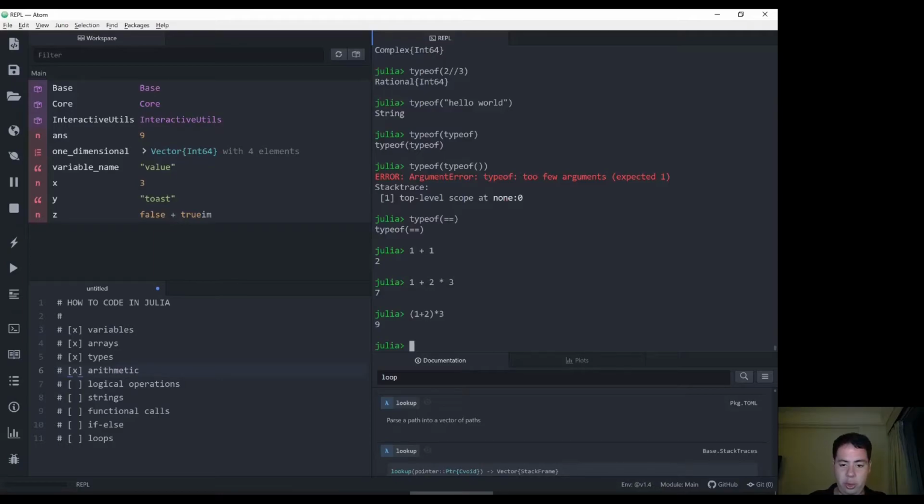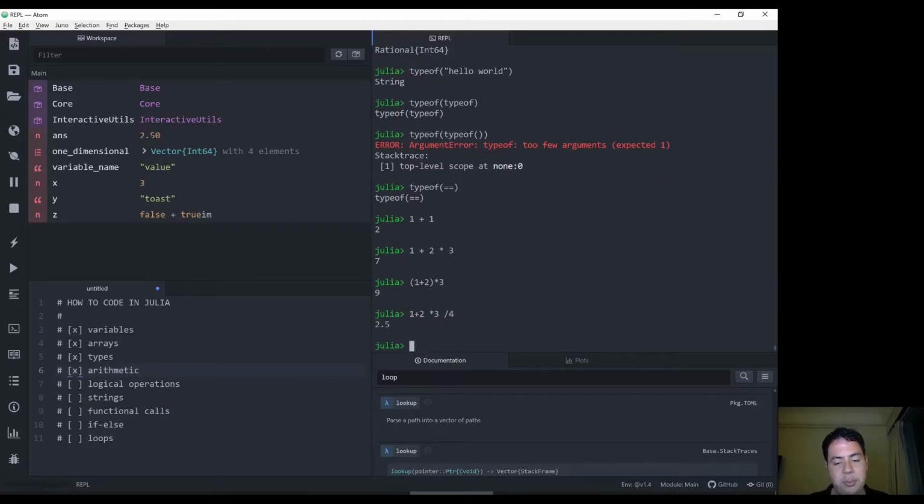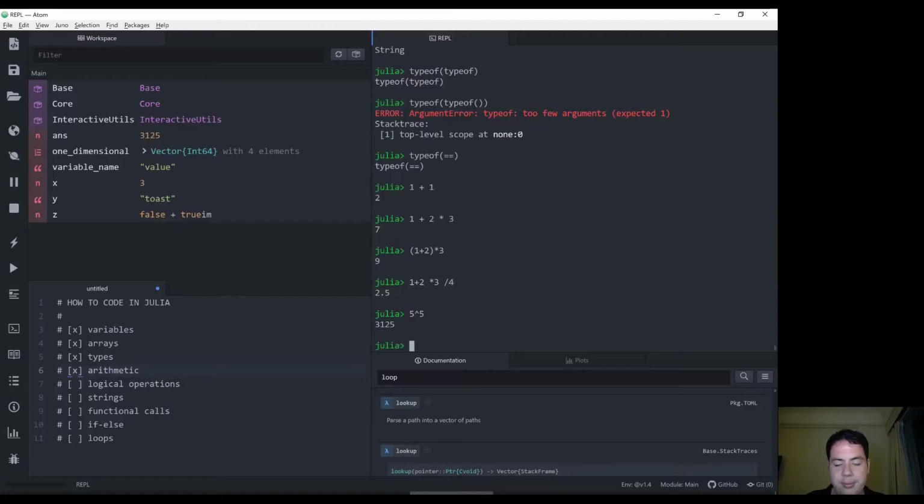We can do 1 plus 2 times 3 divided by 4. There we go. And so all the arithmetic is there. We can do powers, 6 to the power of 5, 5 to the power of 5. It's what you'd expect from a programming language.